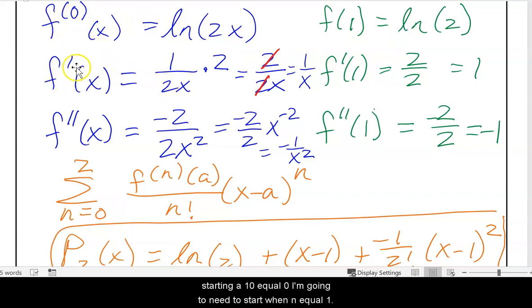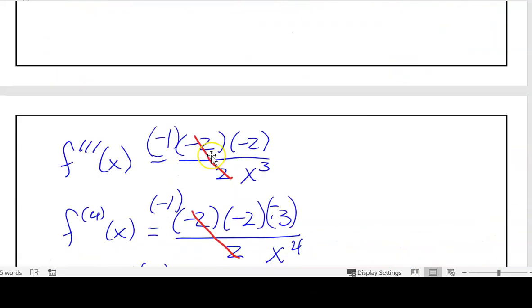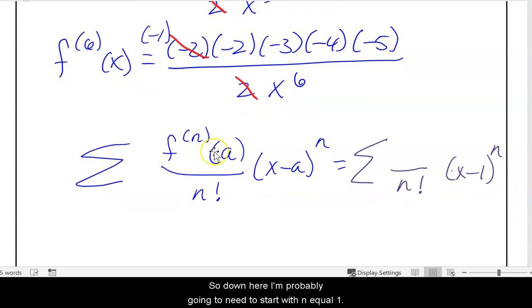I'm going to need to start when n equals 1. So down here, I'm probably going to need to start with n equals 1. And from that point, the numerator part of the constant is based on this formula, which is going to be over x to the n, matching whichever derivative I'm doing. And then I need to figure out what the pattern is here.